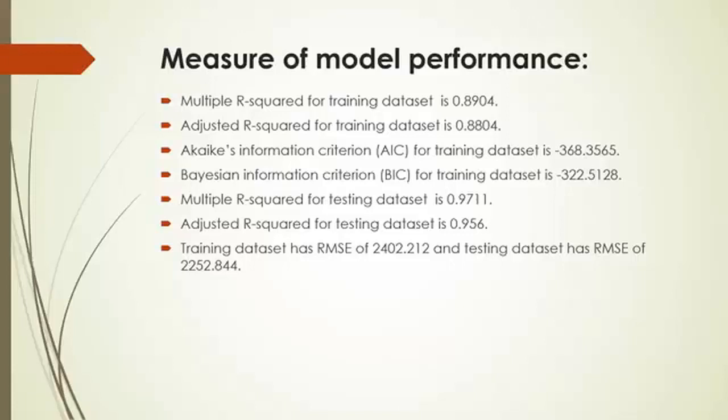Multiple R-square for testing dataset is 0.9711. Adjusted R-square for testing dataset is 0.956. Training dataset has RMSE of 2402.212 and testing dataset has RMSE of 2252.844, which is quite good.